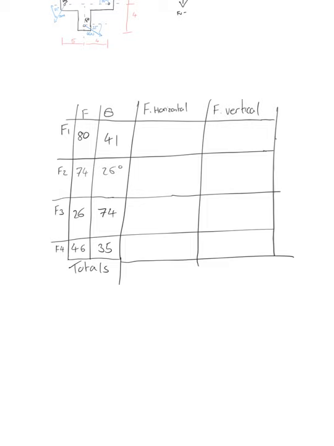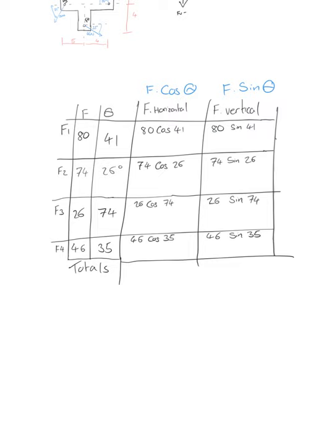Now, to get the horizontal and vertical components for each, we have a formula. Our horizontals are always going to be F cosine theta. Our verticals are always going to be F sine theta. So fill in the formulas down both sides of your table, and we'll finish off the question together.